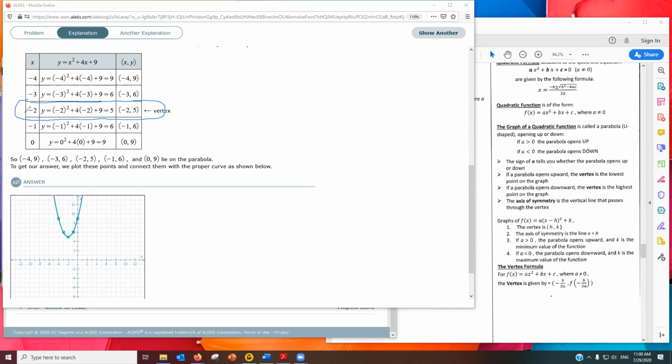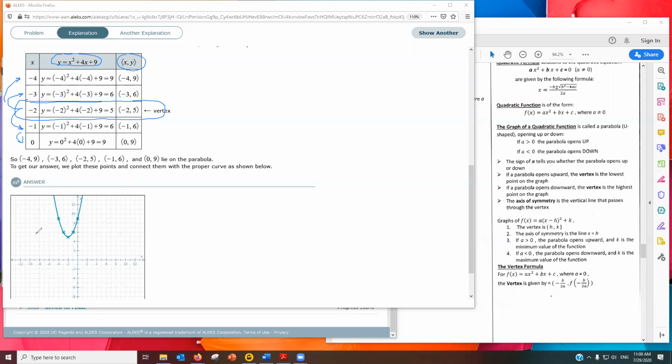And then Alex said, plot 2 points to the left of the vertex. So we did negative 3, negative 4. Alex said, plot 2 points to the right. So we did negative 1, 0. Plug in each of those x values into this y equation. That'll give you xy points. Now let's go plot them.